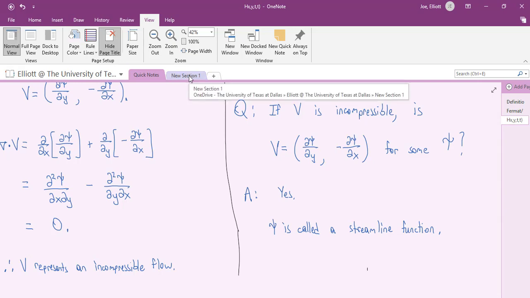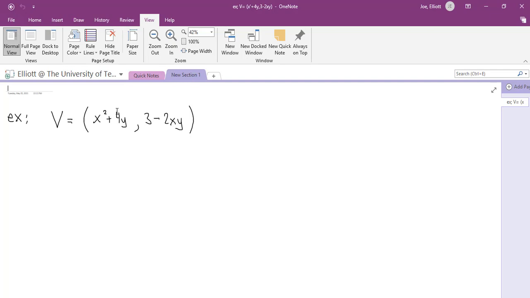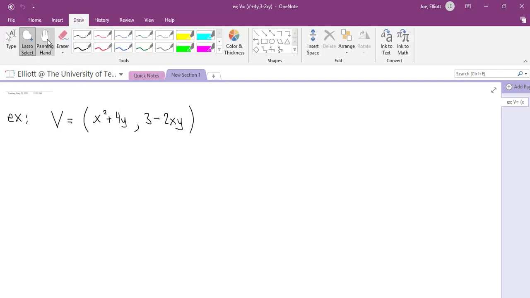Here, I thought I would do a really simple example of finding the streamline function for an incompressible flow. So here I've created a vector field v right now. And so first, let's compute the divergence of v to check if it is incompressible.